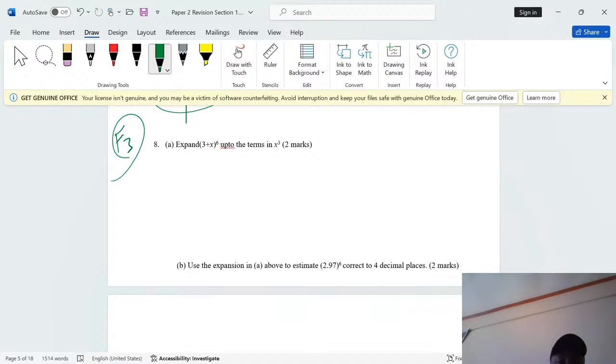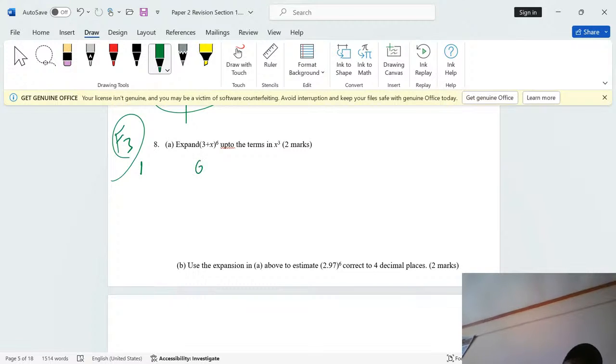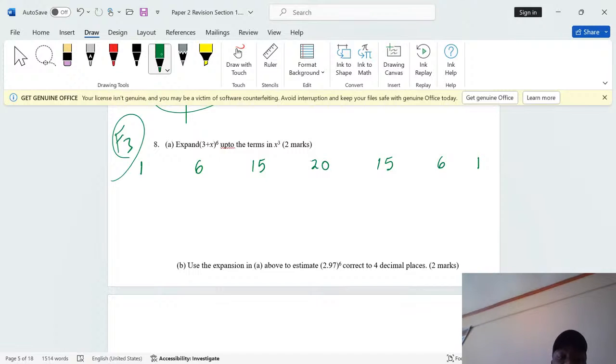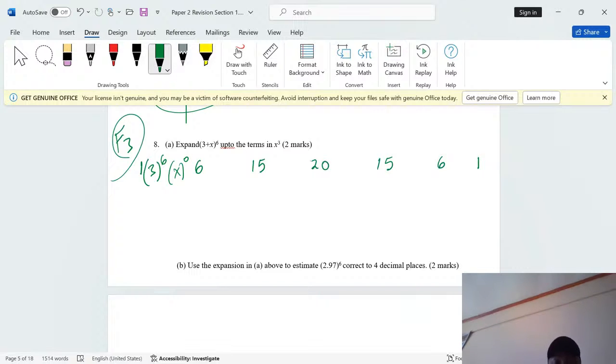Therefore, we will start with listing the binomial coefficients of power 6. That is 1, 6, 15, 20, 15, 6, and finally 1. These are the binomial coefficients of power 6. So in the first term, where the coefficient is 1, we're going to have 3 power 6. Then x will be raised to power 0. In the next term, we shall have 3 power 5, but x power 1.